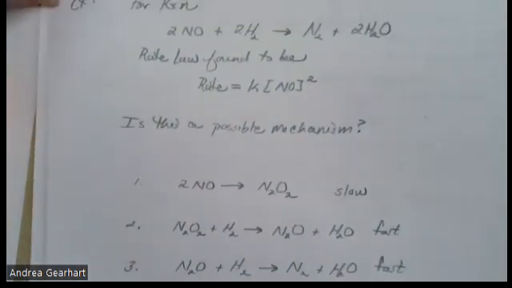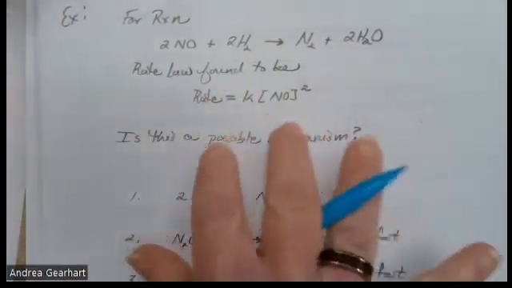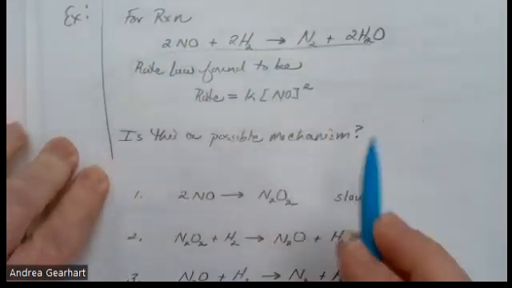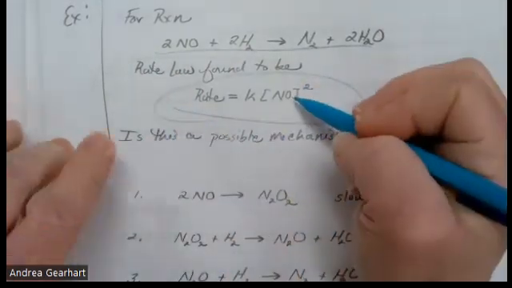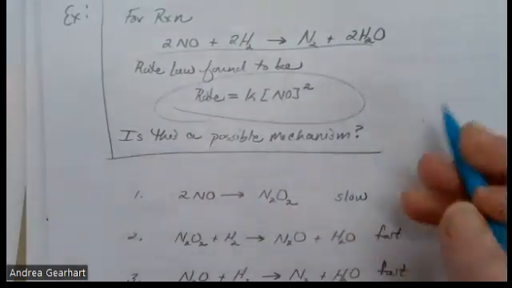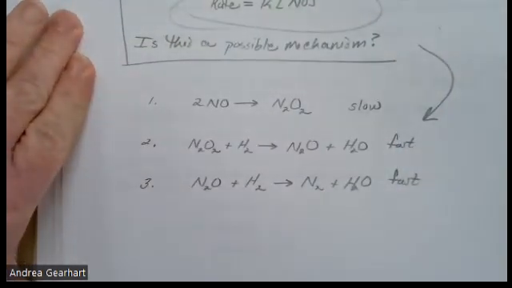Okay, so if we take a look at this example problem, we're given this overall reaction, and experimentally, it was found to be nitrogen monoxide second order. We're asked, could this be a possible mechanism?